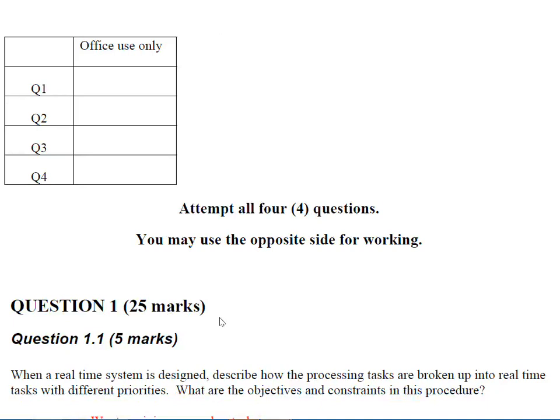So when you're designing a real-time system, you've done a lot of this sort of stuff. You've got to break down the problem into different tasks that are concurrent in their structure. And they have different priorities. So how do you actually do this? What are the objectives in this process and what constrains you?